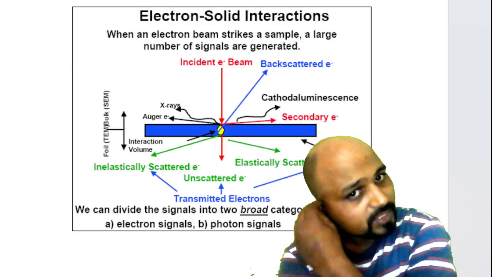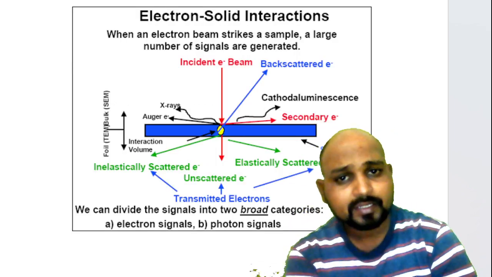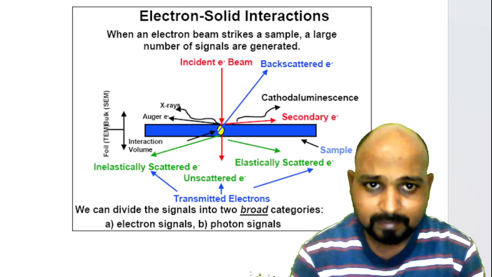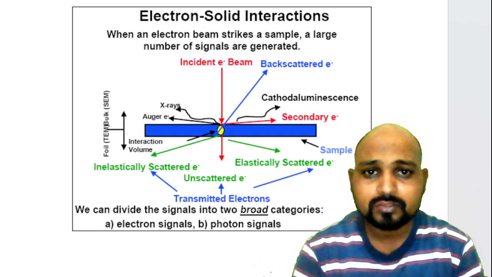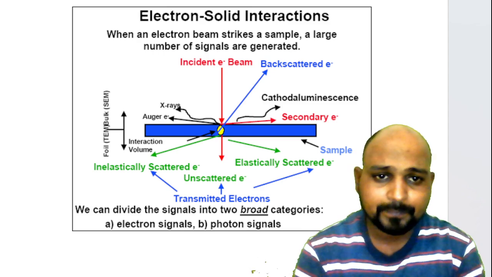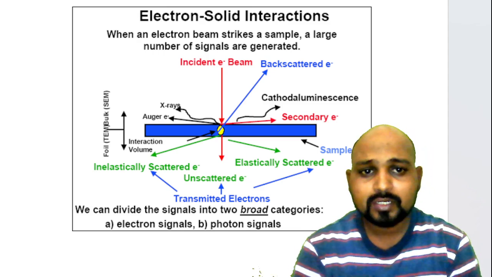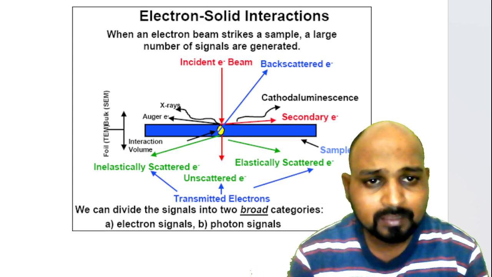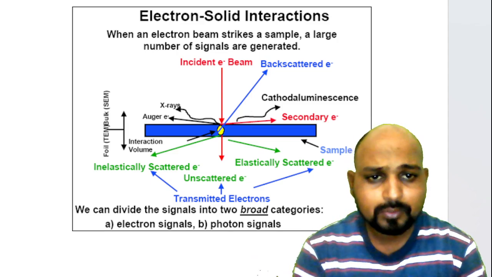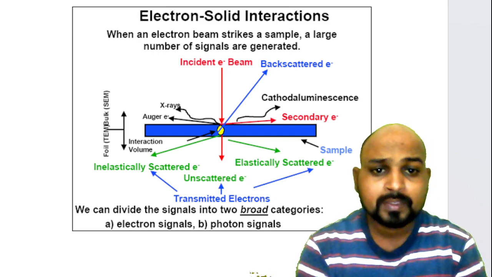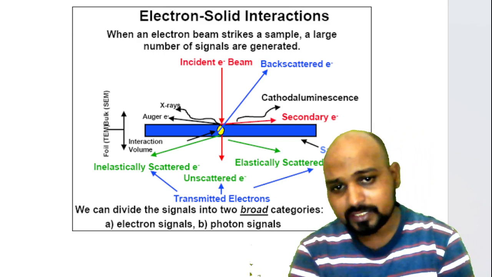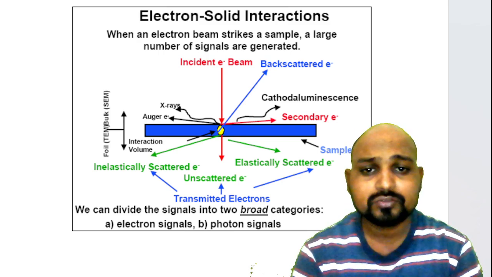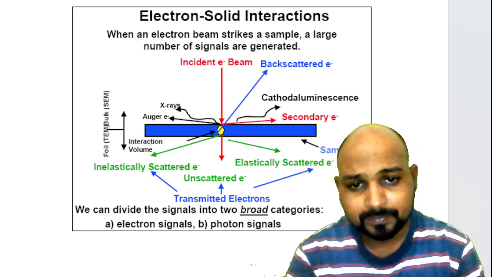In the electron microscope, we bombard electrons on a solid sample. There we see the electron-solid interaction. With this interaction we come across many phenomena like incident electron, backscattered electron, cathodoluminescence, secondary electron, elastically scattered electron, inelastically scattered electron, unscattered electron, and also the generation of X-rays and Auger electrons.